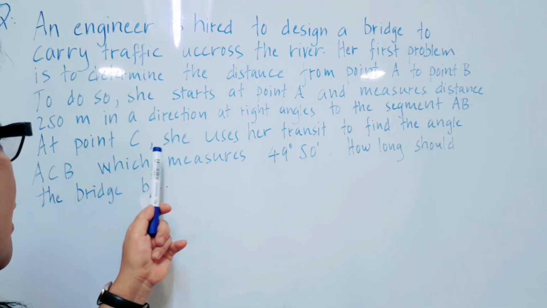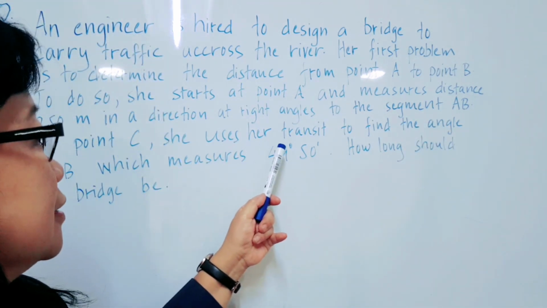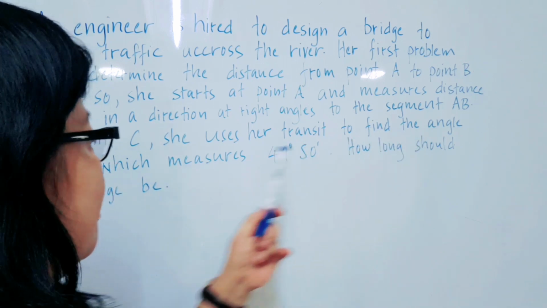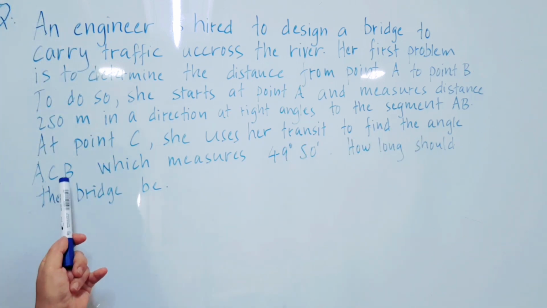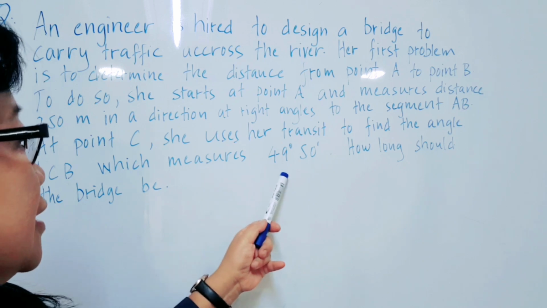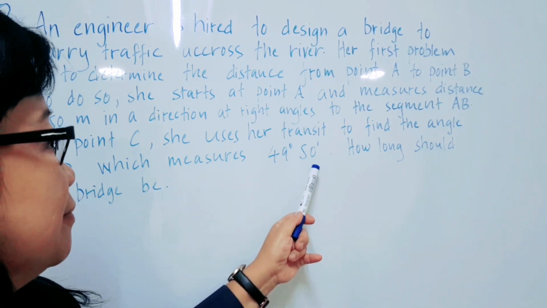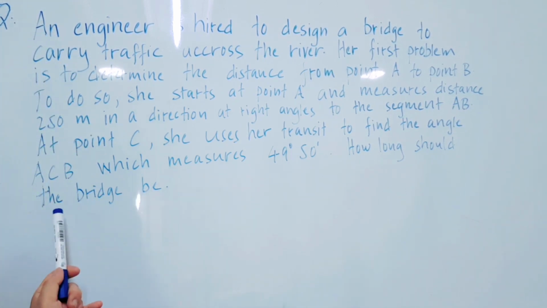At point C, she uses her transit to find the angle ACB, which measures 49 degrees 50 minutes. How long should the bridge be?